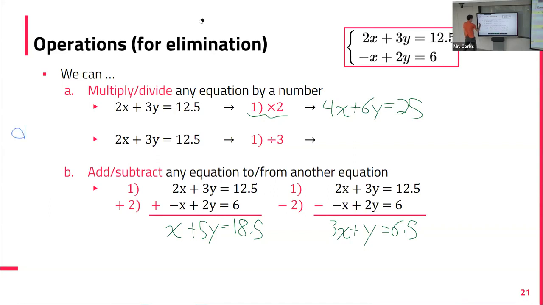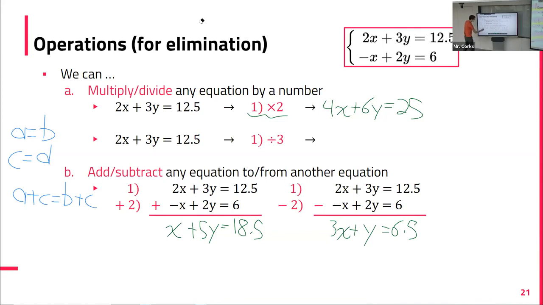Let's say we have two equations. One equation is A equals B, and we have a different equation that is C equals D. I'm going to take the first equation, A equals B, and I'm going to add C to both sides. That's okay?